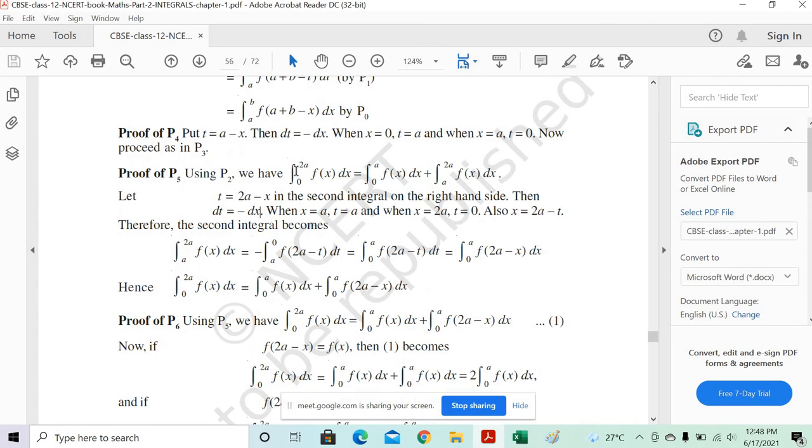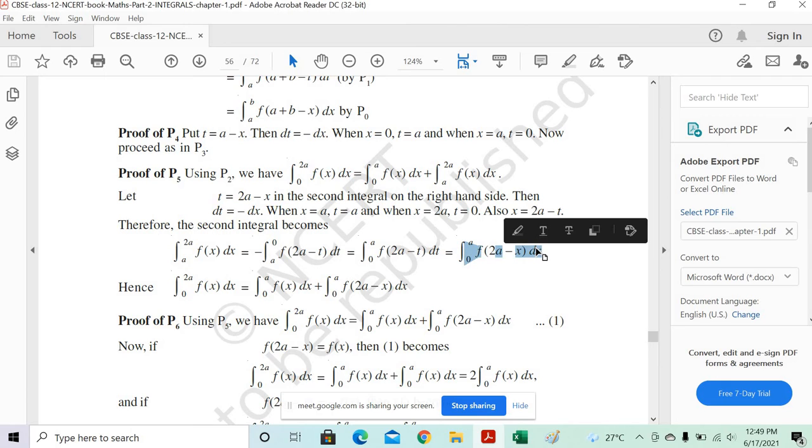See, we represent it like this. It's 0 to 2a, so we change that limit to 0 to a and a to 2a. Then we solve the second part, and it comes out as the integral from 0 to a of f of 2a minus x.